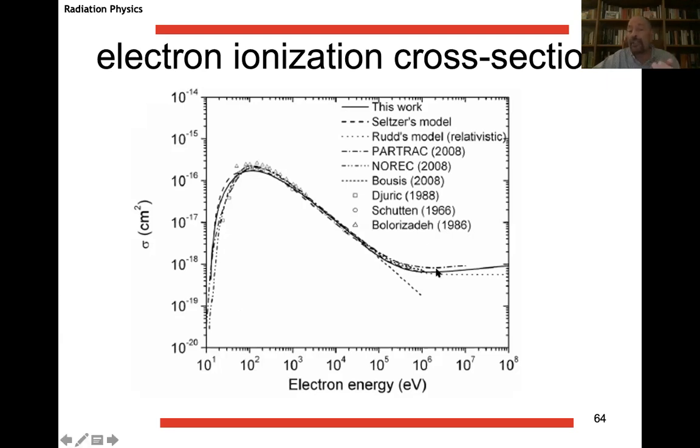You need relativistic correction. You see, for example, in this, I believe the Bousis model, that has no relativistic correction, this will keep dropping, but because of the relativistic correction, you have instead an increase. And you can have not only plateaus, but a slight increase at higher energy.